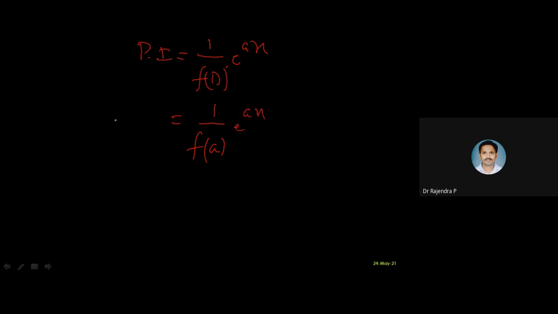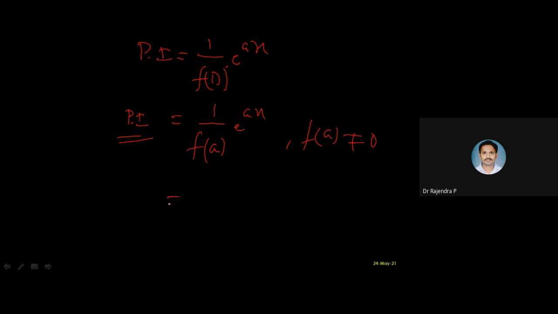This is the solution of your particular integral. You will get some value here. Make sure that f of a should not equal 0. That is the condition, right? If f of a is 0, we are not able to get the solution.